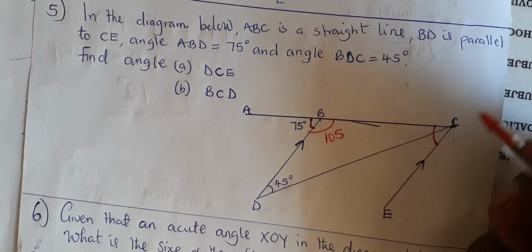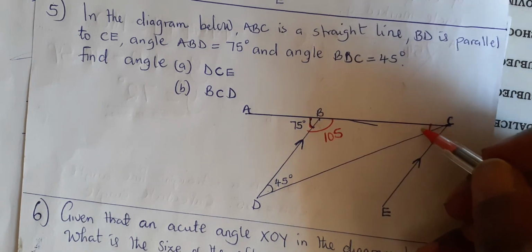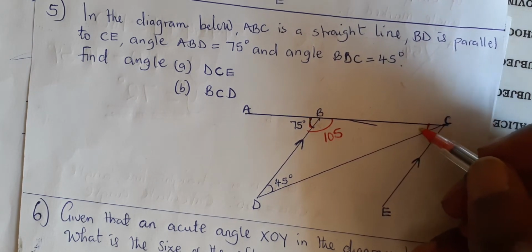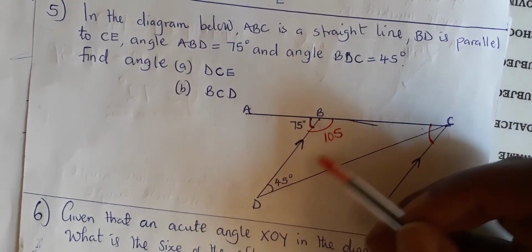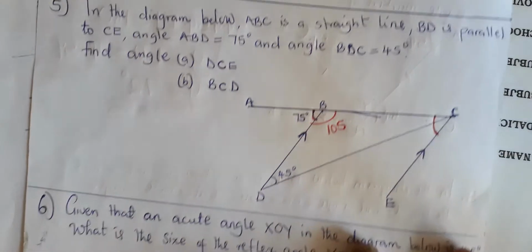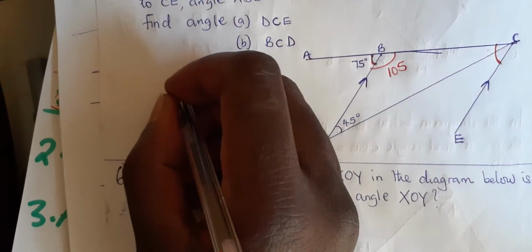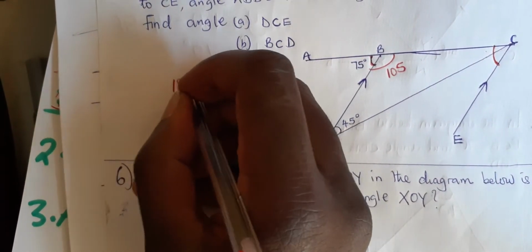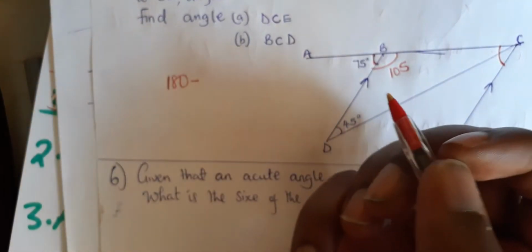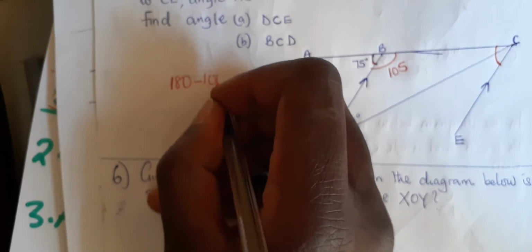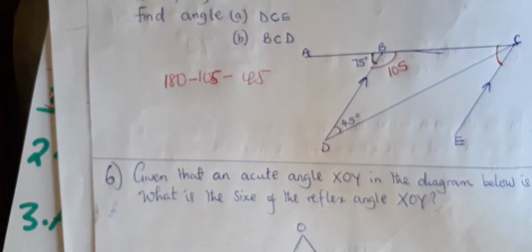But then, let's find this smaller angle here. What is this smaller angle? We can find it by saying, you add these two and subtract them from 180. So we say 180 minus 105 minus 45.